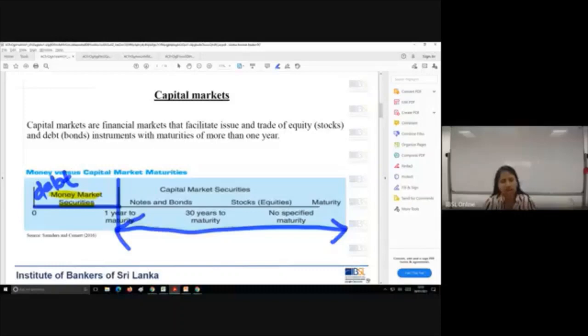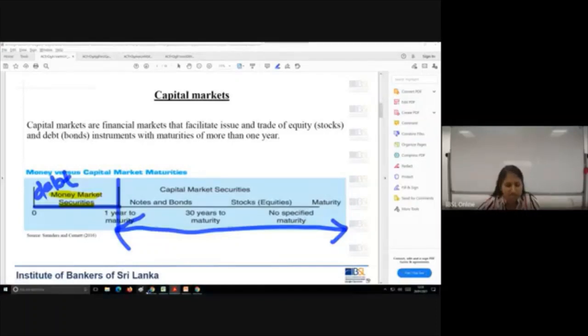So there you will have both debt and equity instruments. Why equity? Equity has no specified maturity, therefore it gets categorized under the capital market. Notes and bonds, which fall under debt, essentially have more than 1 year maturity, but they all have a specified maturity. Usually the maximum maturity period is 30 years.